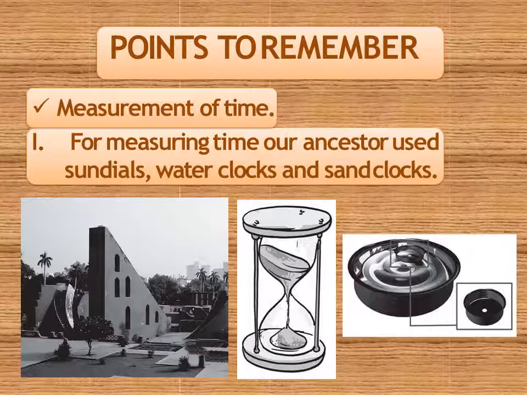Wherever that shadow moves, people used to measure time, or they came to know about the duration of time, whether it was morning, noon or evening. Similarly they used water clocks and sand clocks also. They kept some amount of water or sand in a vessel, and when it was emptied, they could measure time.